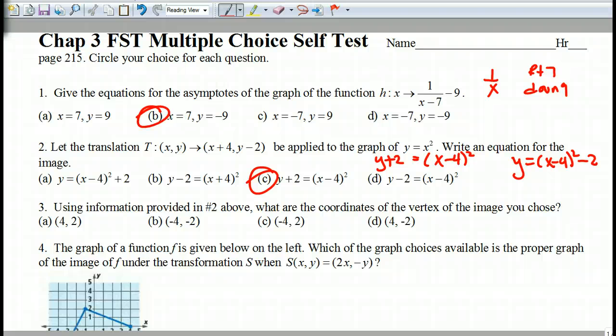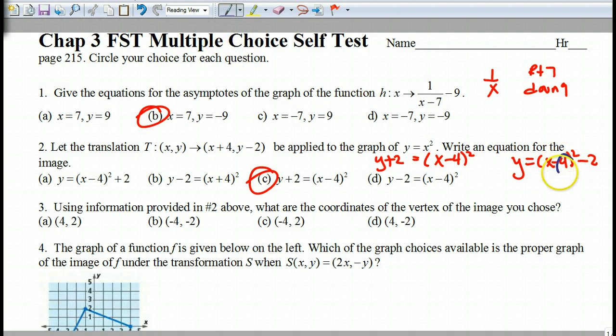Number 3, using the information provided in number 2 above, what are the coordinates of the vertex in the image you chose? Where's the vertex? Well, you can even just find it by looking at this equation.